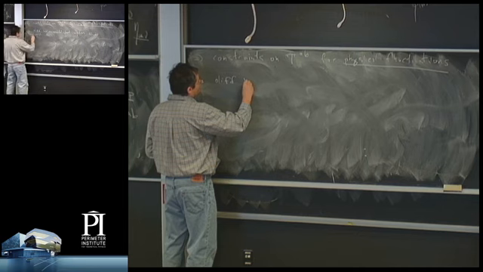So if I act with a covariant derivative, del A TAB, I will get 0. So that's the first condition.